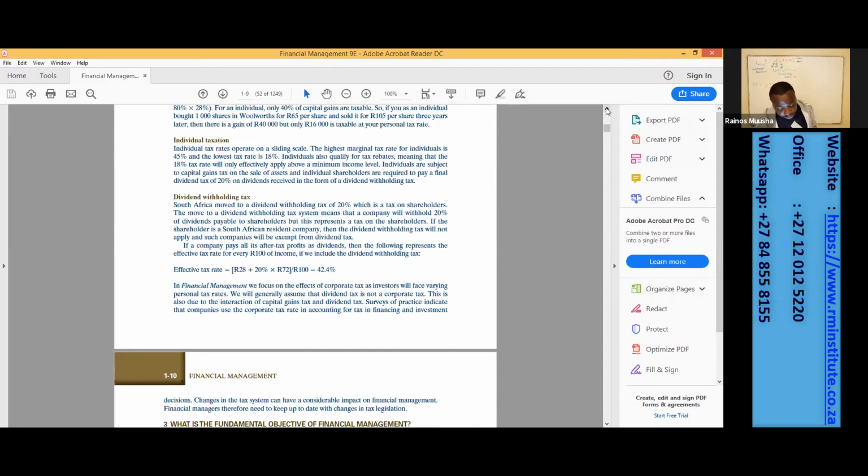But remember, when you look at Fin4801's perspective, when you're looking at analysis of the financial statements, we're going to be more on the side of the company itself, not necessarily the shareholders' perspective. So when it comes to individual taxation and dividend withholding tax, just know them, but I don't think it's something you need to worry much about when it comes to preparation for the exam.